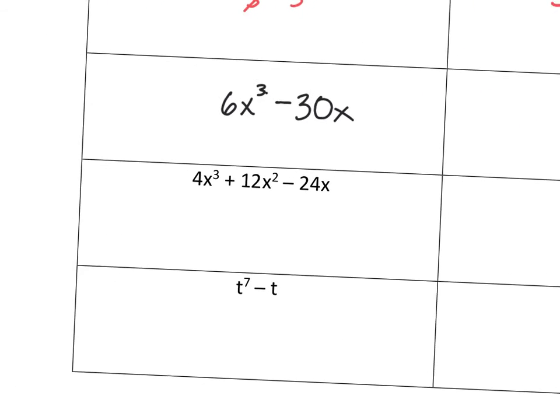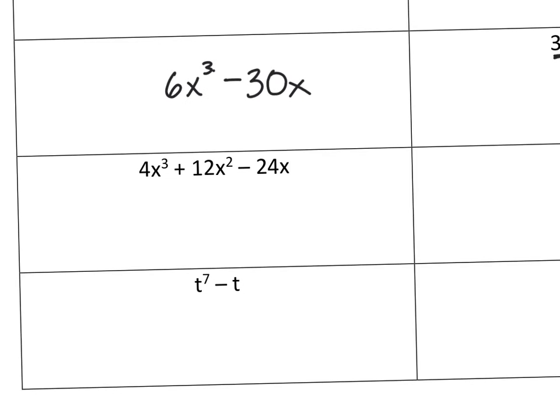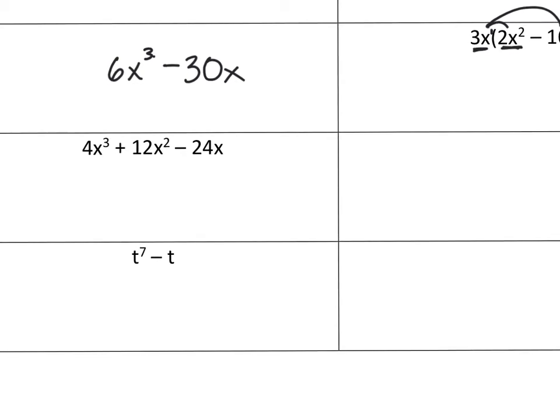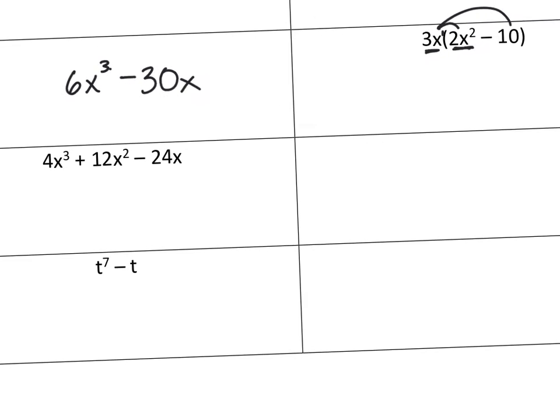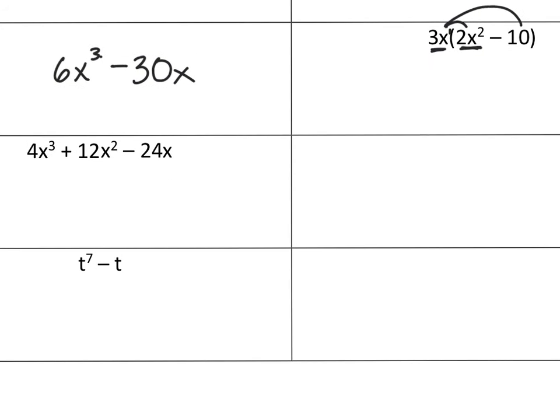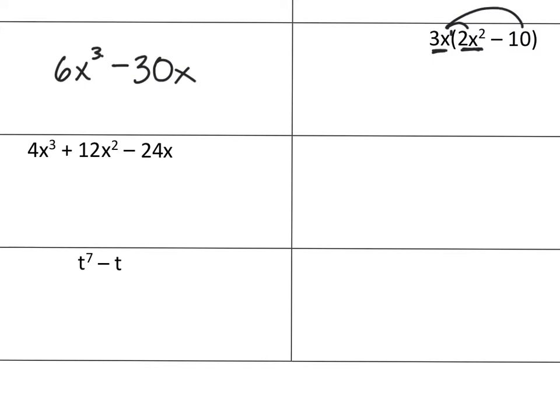Okay. What's different about this one? How many terms do we have now? 3 terms, okay? It still works when we have more than 2 terms. So if I look, I've got to find, we'll just start with coefficients first. 4, 12, and negative 24.